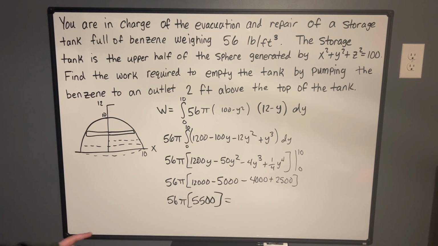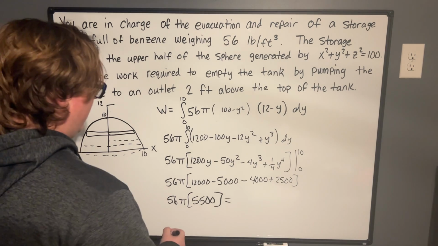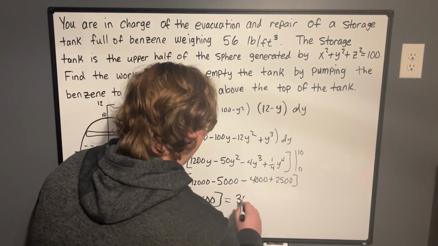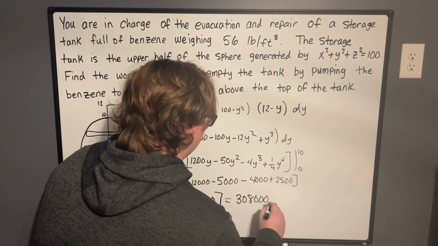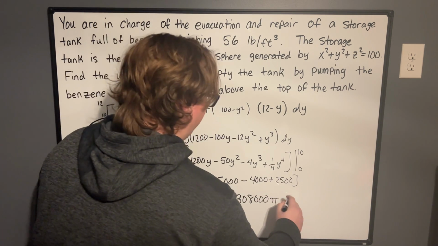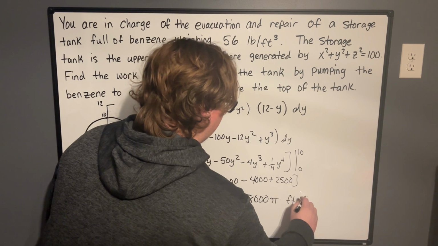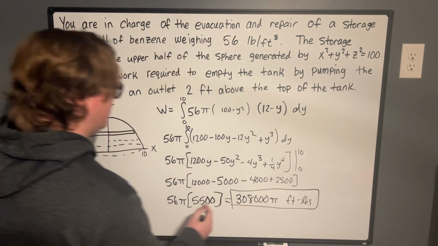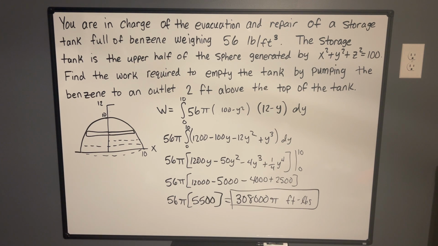And I believe 56 times 55 should give you 3,080, and then plus these two zeros. So this will be 308,000 times pi foot-pounds of work. And that is actually going to be our answer. So it takes 308,000 times pi foot-pounds of work. So it's going to be a little over 900,000 foot-pounds to be exact once we multiply by that pi.